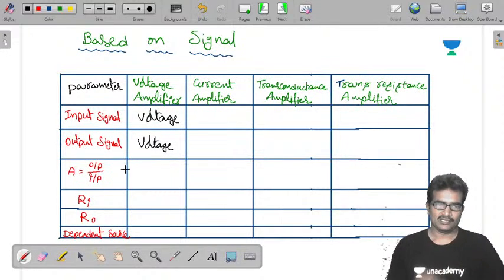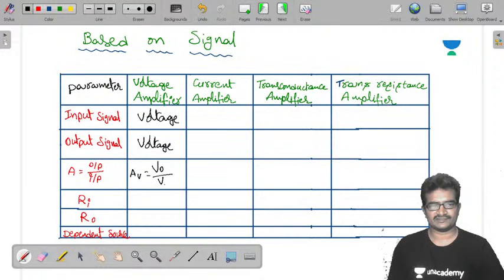So we call it voltage gain, which is output voltage by input voltage. The input impedance of an ideal voltage amplifier is infinity and the output impedance is 0. We call it a voltage controlled voltage source.